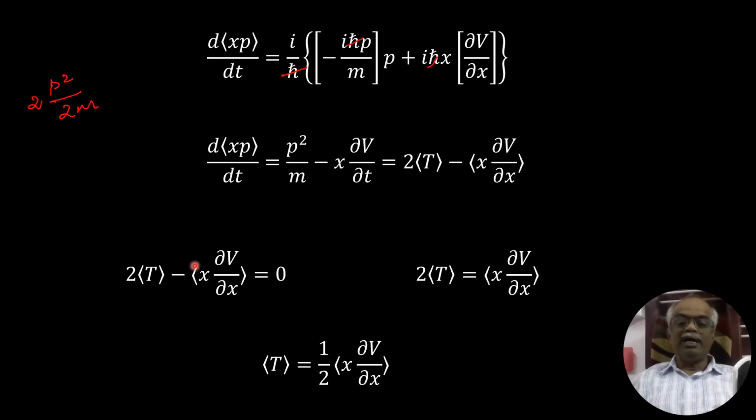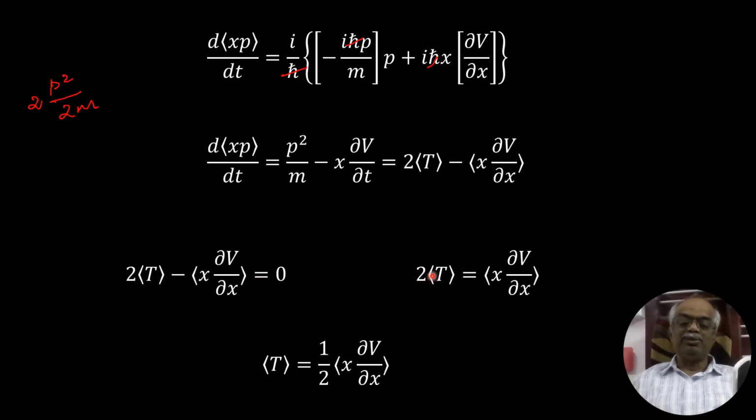Now, for a stationary state as given in the problem, this left hand side will be 0, because if you differentiate the constant with respect to time, you will get 0. That means 2 times the expectation value of kinetic energy minus the expectation value of x ∂V/∂x is equal to 0.